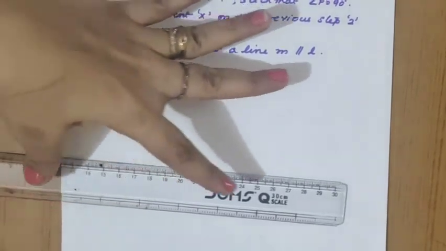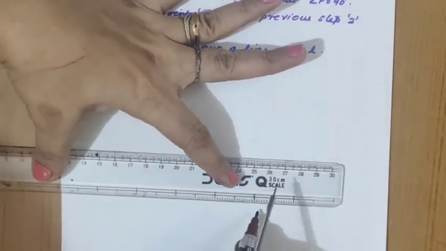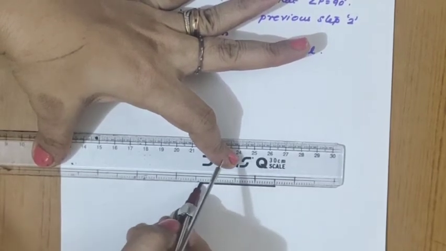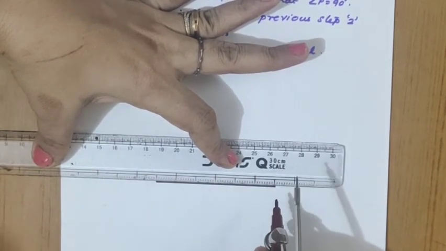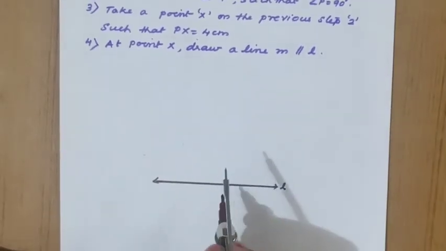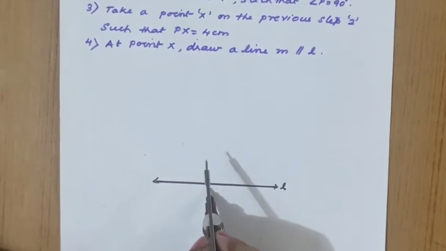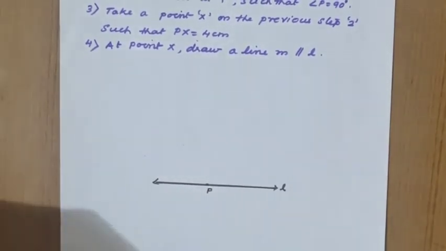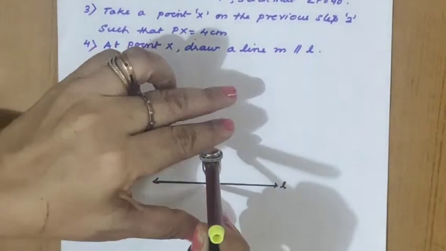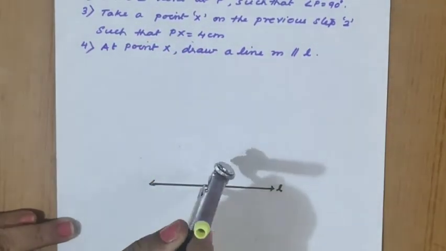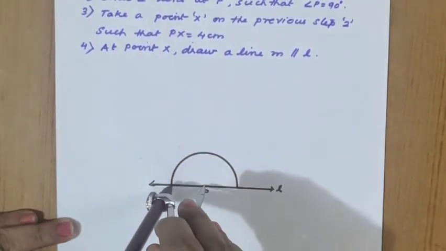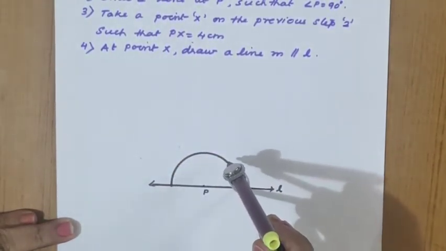So we have to draw the line L. And take a point P on this L. So I marked here P. Now what is the next step? At P, a convenient radius to be taken in your compass and draw an arc of the circle like this. Right? Any end we can start from here.